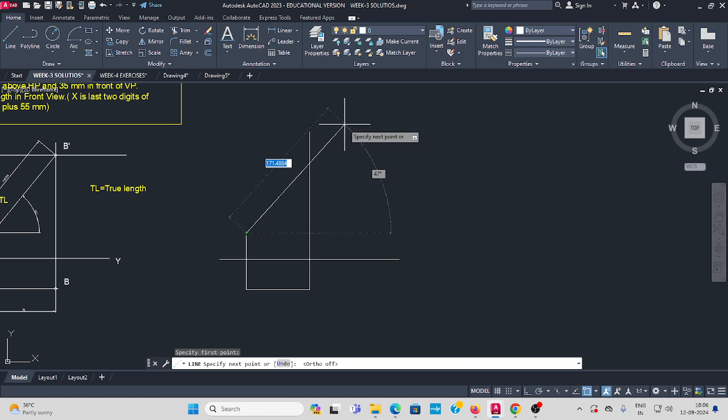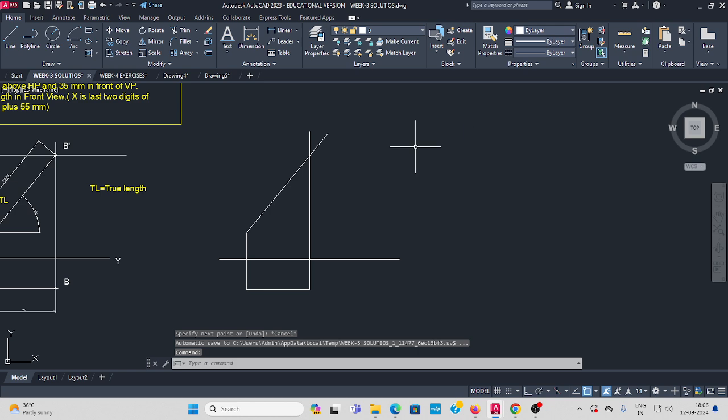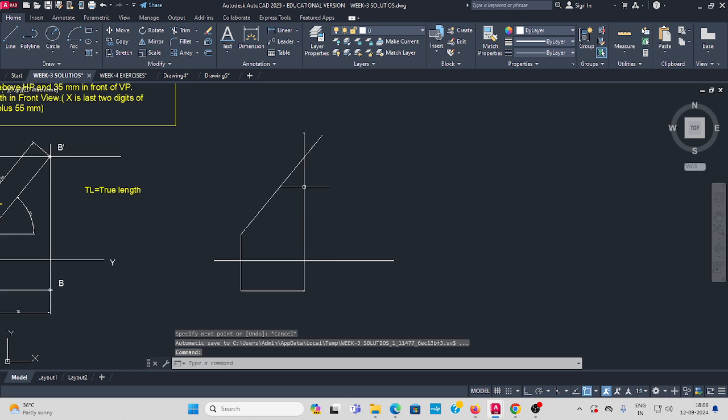Randomly I take 150 mm. Press tab on the keyboard. The angle they have given is 50 degrees. Enter. Okay. This line is intersecting here now.